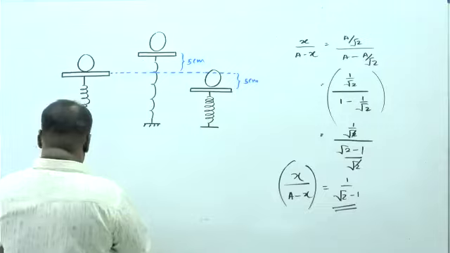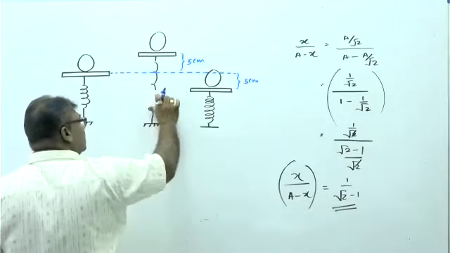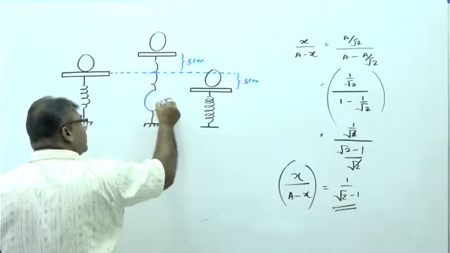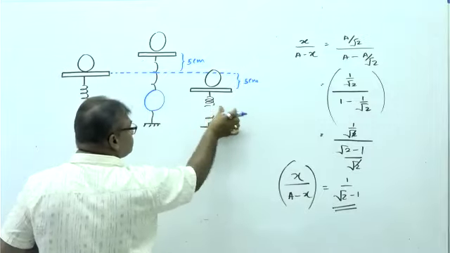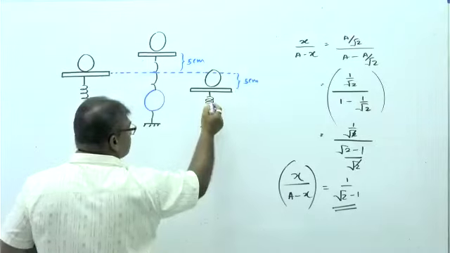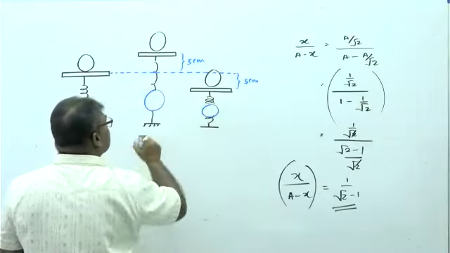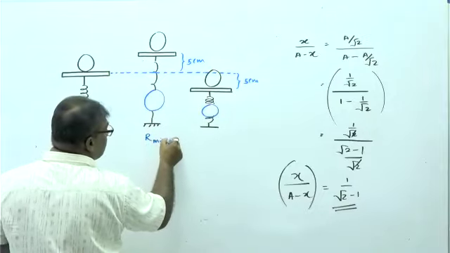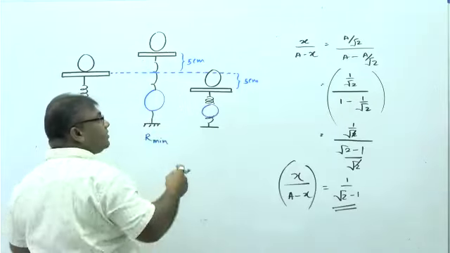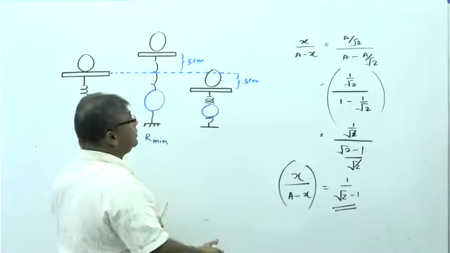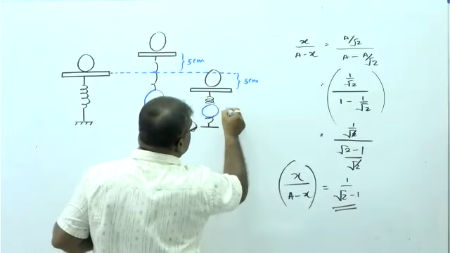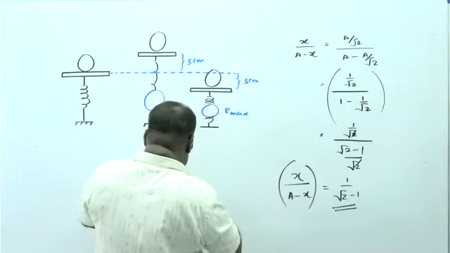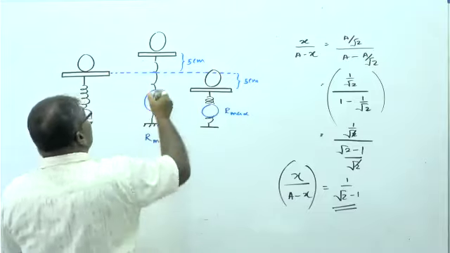Right. This instrument may have this kind of reading scale. This gives the minimum reading, R minimum, here, as it is the upper location, and this is compressed down. This will read the maximum reading. So the reading of the spring balance is the normal reaction.